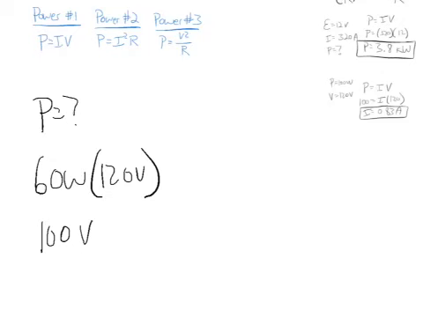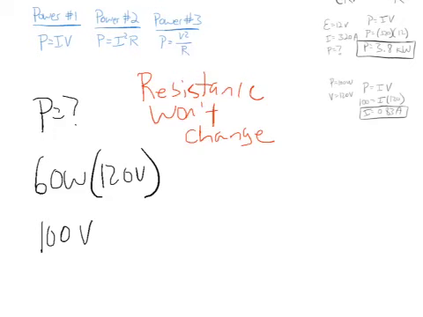The resistance of any circuit element does not change. Okay, the resistance won't change. So what we're going to want to do is first find out what that resistance is, and then we'll be able to apply one of our other two power equations to figure out the power at 100 volts. Now, because we don't know anything about the current, we're going to want to use this expression for our power.